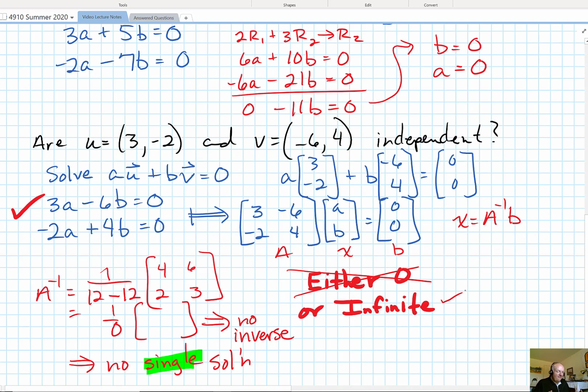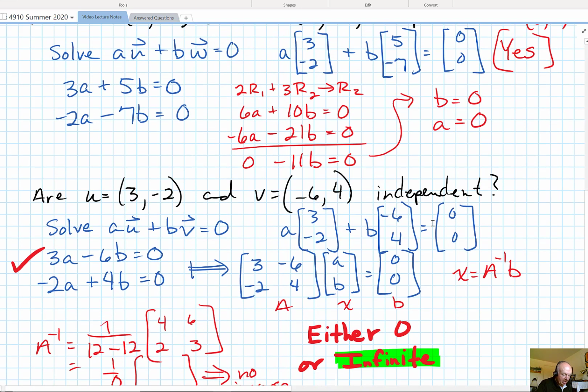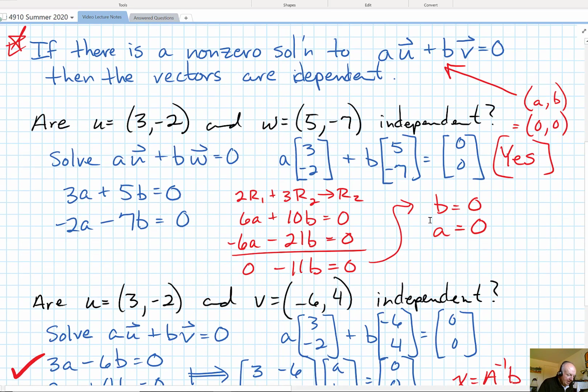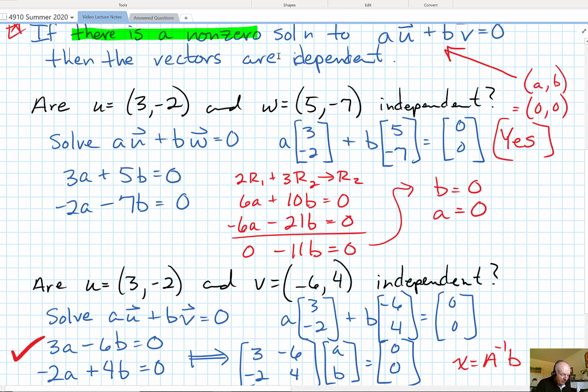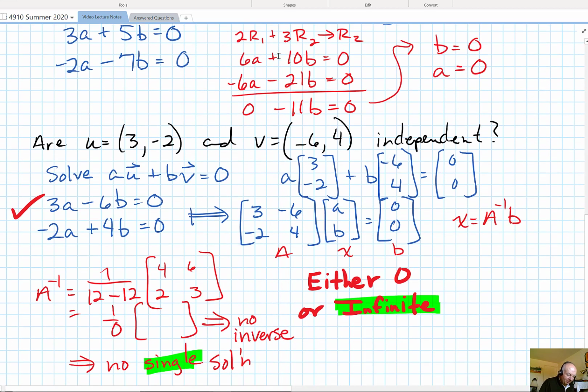There must be an infinite number of solutions, not just 0, 0, but a bunch of things that are solutions. And remember, we're not even interested in what they are specifically. We just want to know, is there any other solution besides 0, 0? If there is a non-zero solution, then they are dependent. We've determined there are an infinite number of solutions.